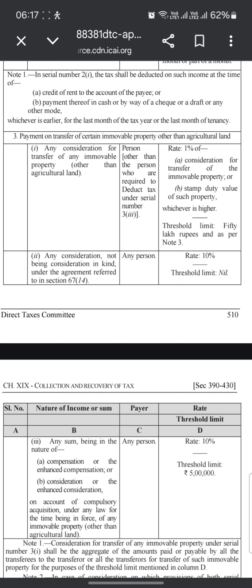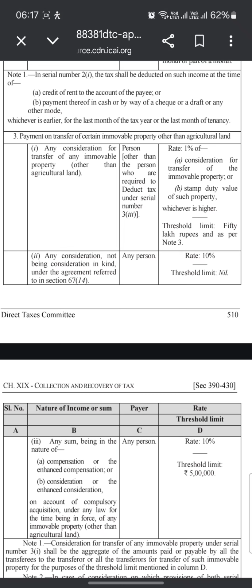Meaning thereby, if you are making any rent payment, then the time of deducting TDS would be the credit of such sum to the account of the payee, or the payment thereof in cash or by way of cheque or draft or any other mode, whichever is earlier, for the last month of the tax year or the last month of the tenancy.